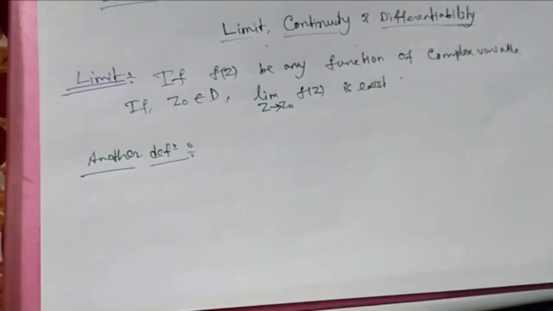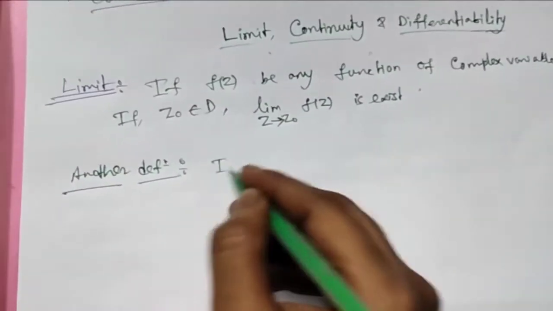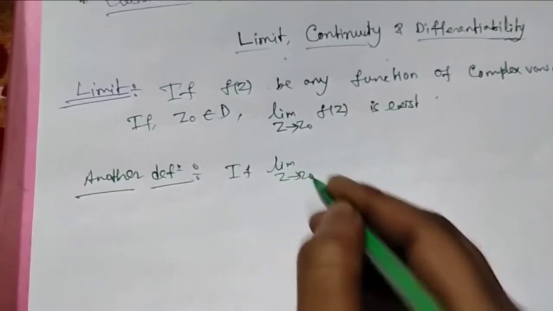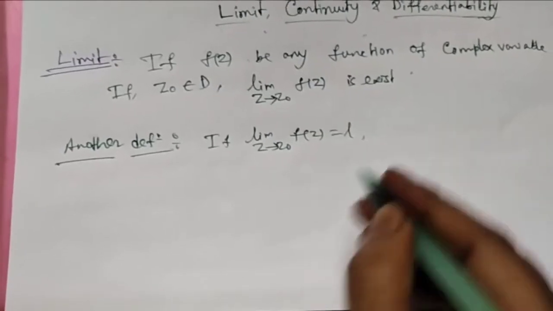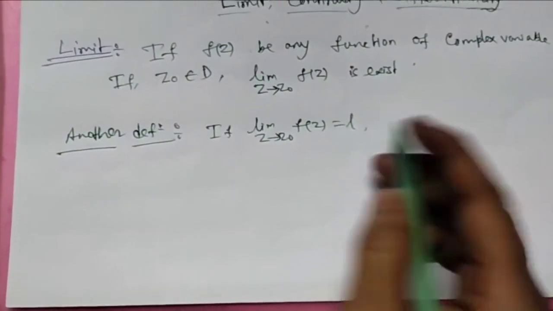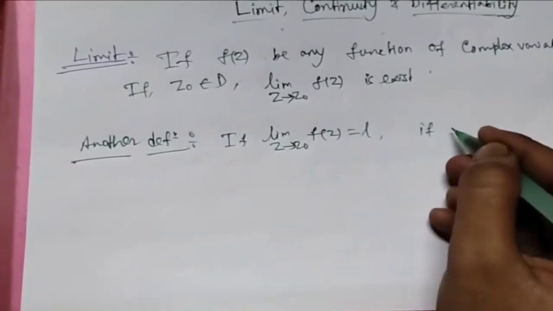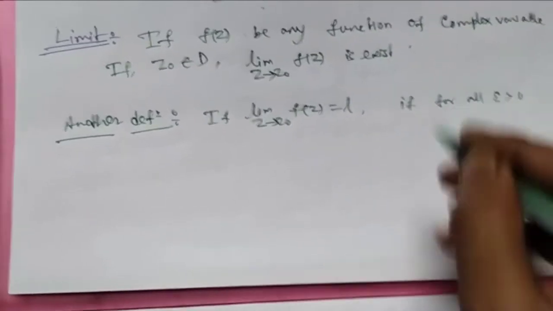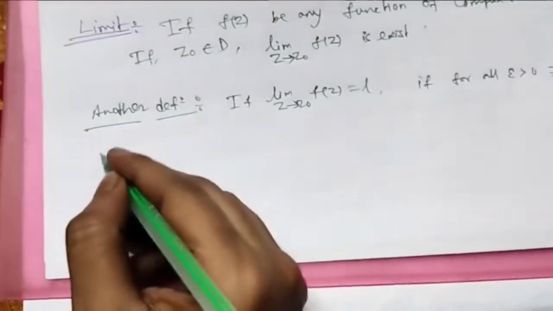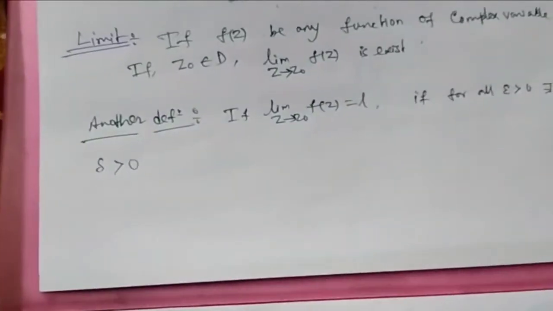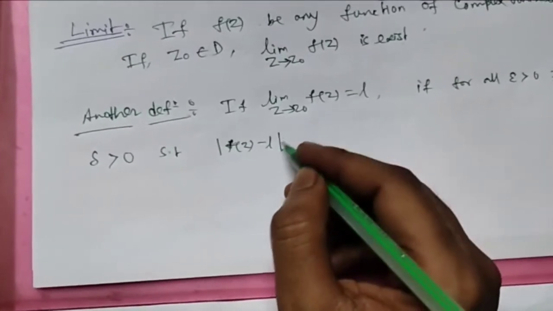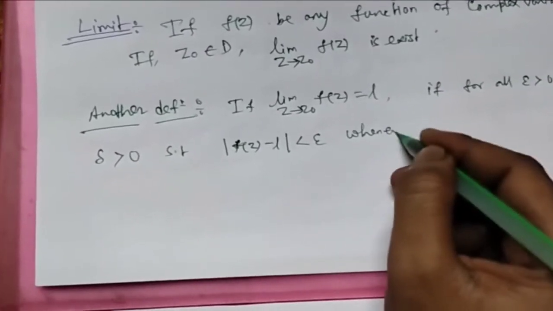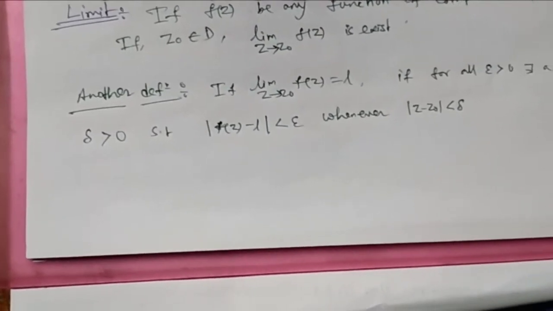So if limit z tends to z0 f of z is L, where L is any finite number, then if for all epsilon greater than 0 there exists a delta greater than 0 such that mod of f of z minus L is less than epsilon whenever mod of z minus z0 is less than delta, then we say that its limit exists finitely.